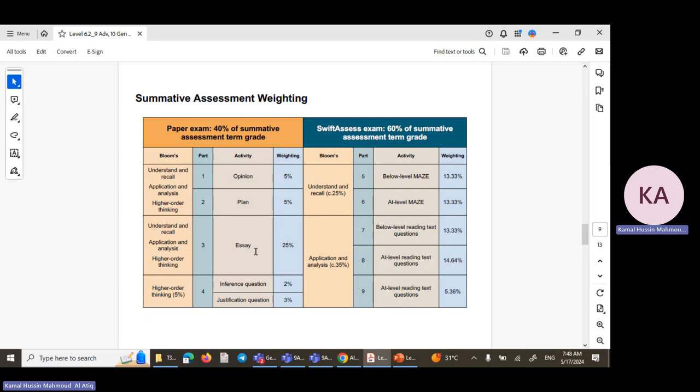In the essay, they have to write an introduction, body, 2 bodies, and conclusion. In the introduction, they will explain, for example, why restaurants are important. What are the characteristics of restaurants?